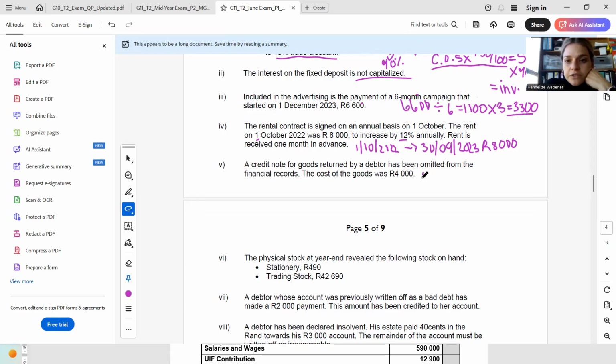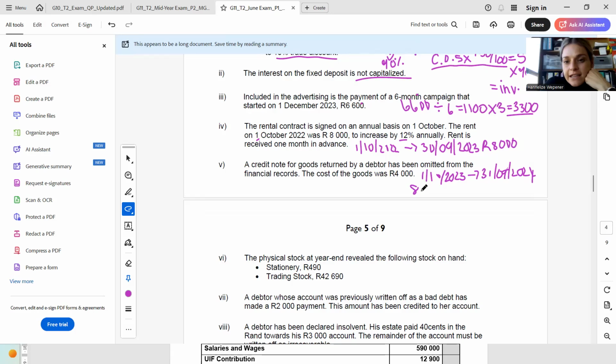Then on the 1st of October 2023, up until the 30th of September 2024, it was no longer 8,000 Rand.